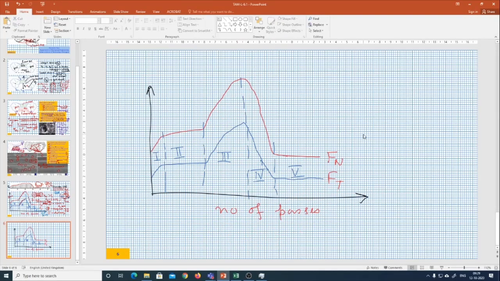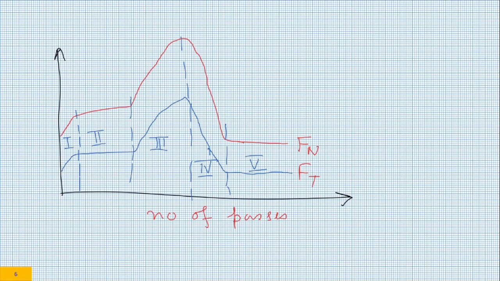So, questions we need to ask. Wheel loading, what are the factors that will affect it?